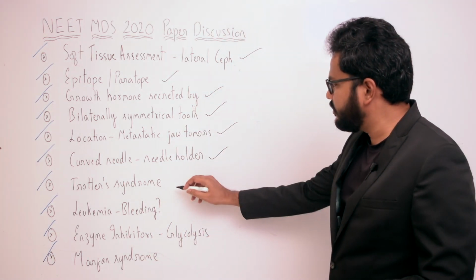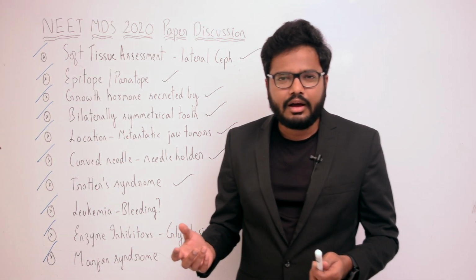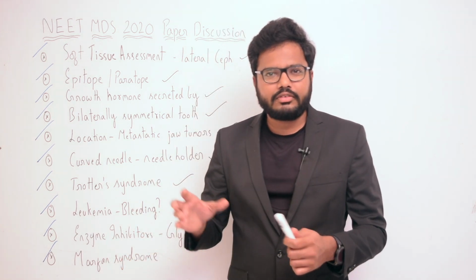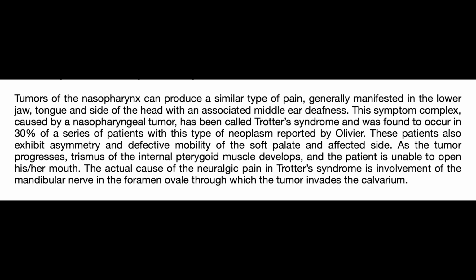Moving on to the next question, Trotter's Syndrome. One of you gave me a keyword saying that there was a question related to Trotter's Syndrome. So here are some features pertaining to the same. In the differential diagnosis of trigeminal neuralgia, this additional information pertaining to Trotter's Syndrome is given in Shafer's. Tumors of the nasopharynx can produce a similar type of pain, that is, trigeminal neuralgia, generally manifested in the lower jaw, tongue, and side of the head with associated middle ear deafness.